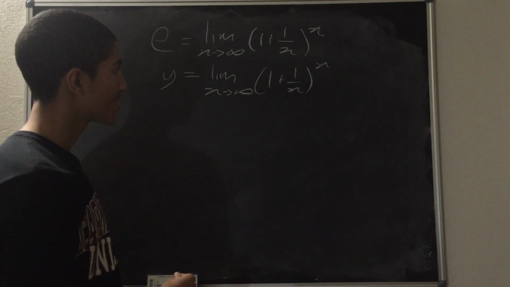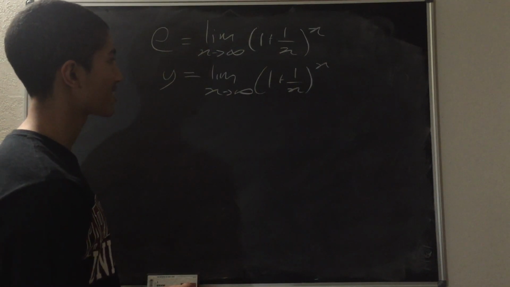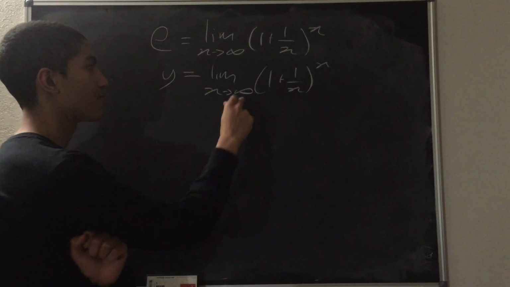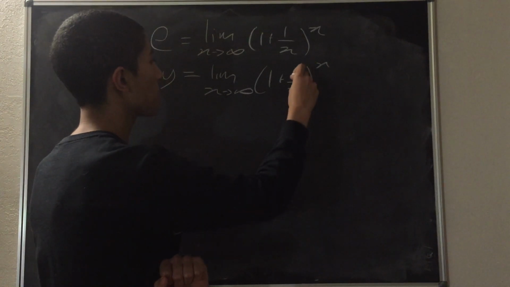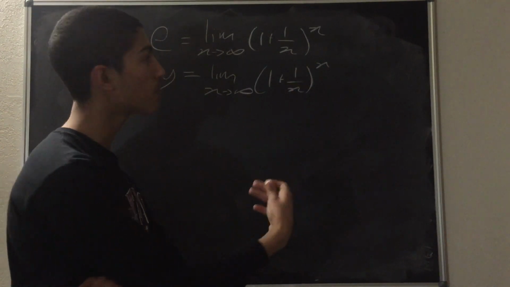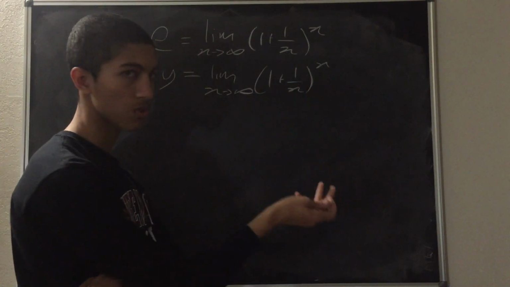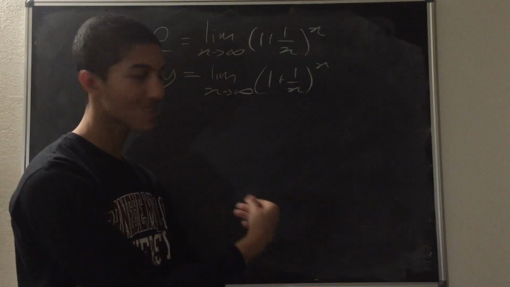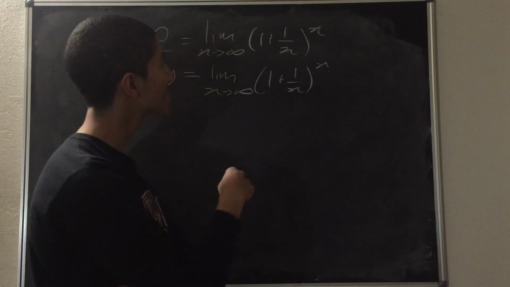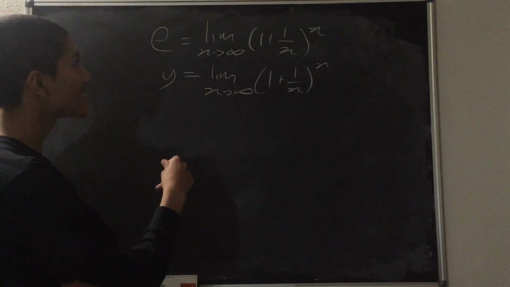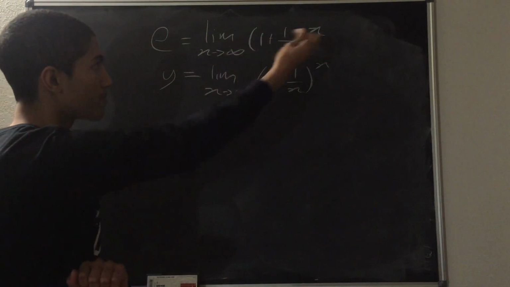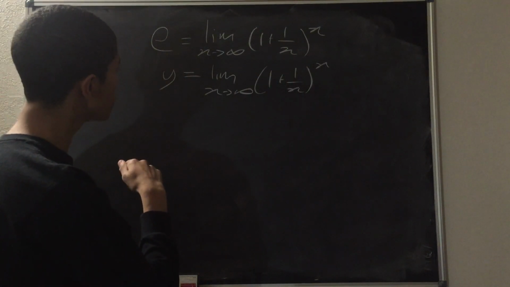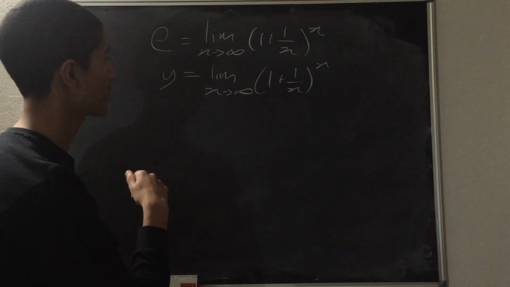And you could traditionally evaluate this limit, which would be naively plugging in infinity for x, and you would get 1 divided by infinity, which is 0, and 1 plus 0 is equal to 1. So then you'd have 1 to the power of infinity, which, as we all know, is 1. And we can tell, evidently, that the limit x tending to infinity of this function does not equal 1, it equals e. So today I will prove to you why it equals e.